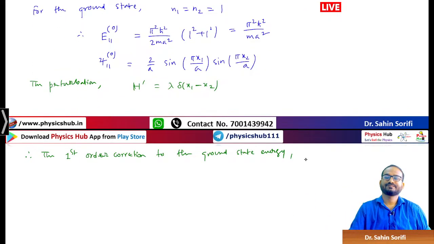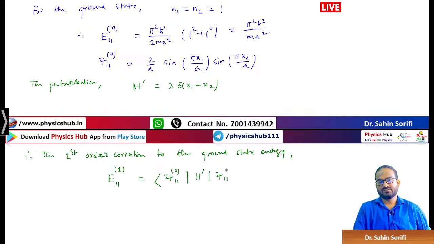The first order correction to E_{11} is E_{11}^{(1)}. So you have to write the ground state wave function, ψ_{11}^{(0)}, then H prime, then ψ_{11}^{(0)}. We will write the original formula as it is.